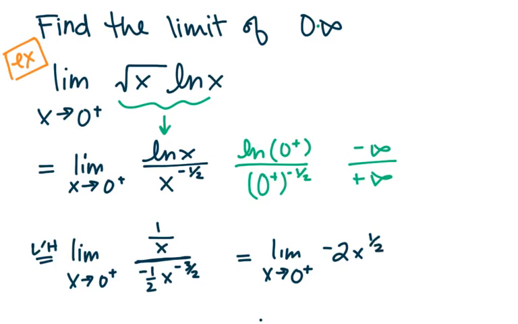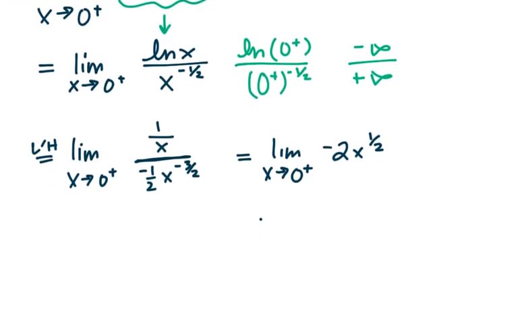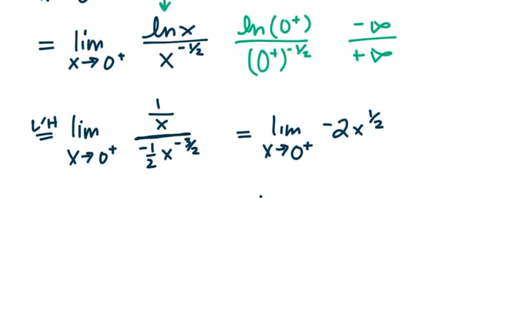Okay, so if I look at evaluating negative 2x to the 1/2 as x is equal to 0, just on the right of 0, my output value is 0.